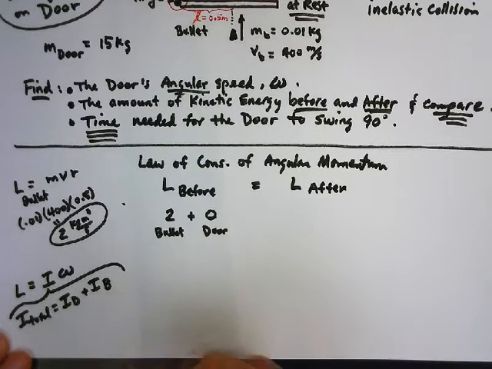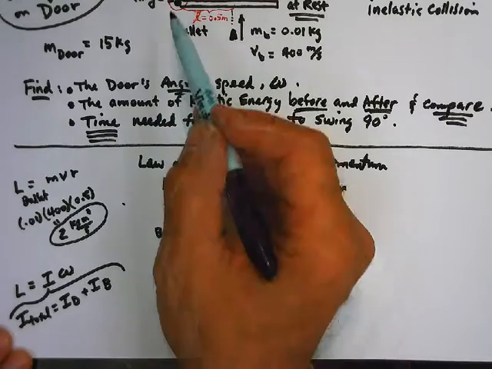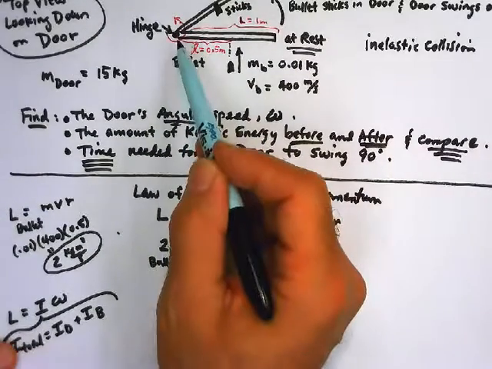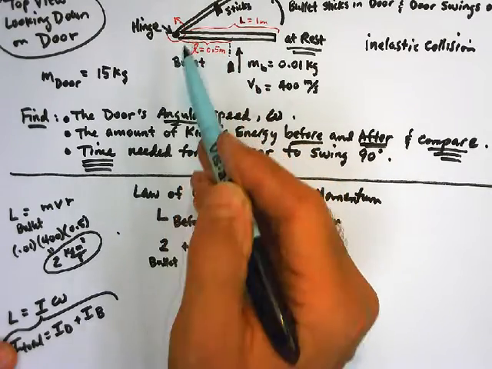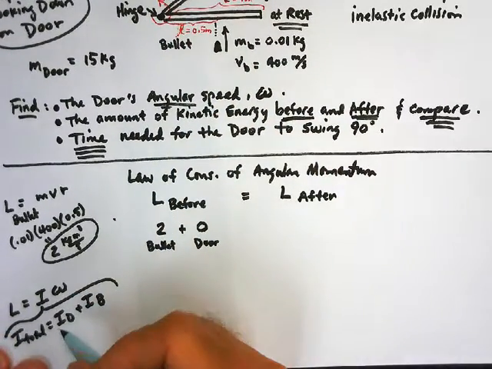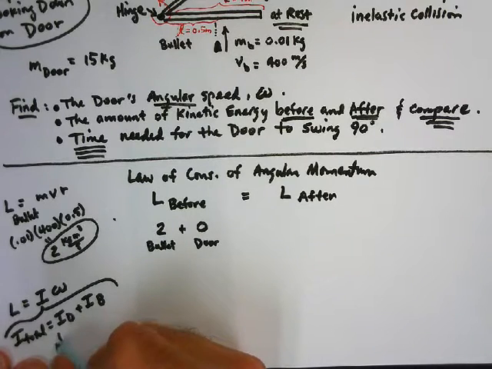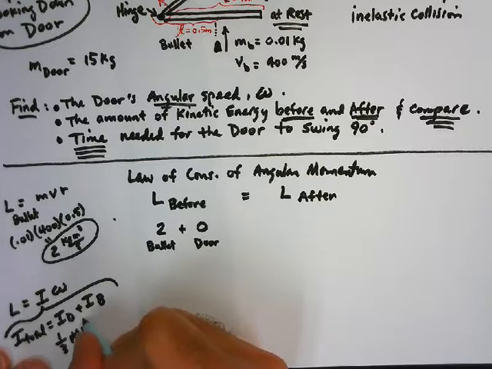If I look up the moment of inertia for a thin slab pivoting about the end of the slab, like this one here, it turns out that the moment of inertia for the thin slab, the door, would be 1/3 m, mass of the door, times L squared.